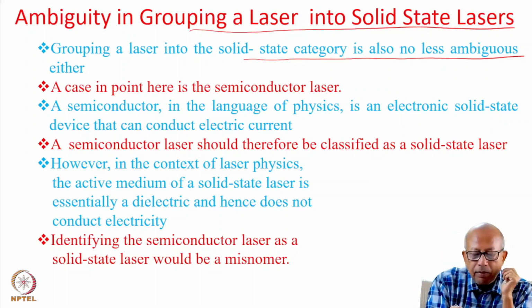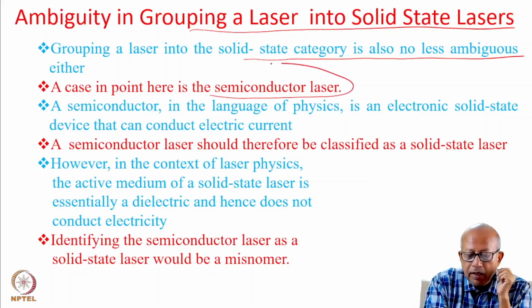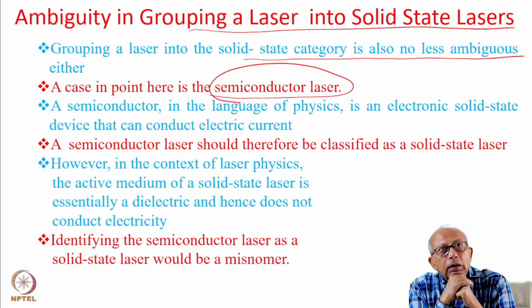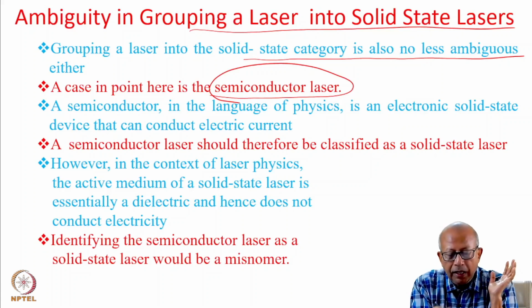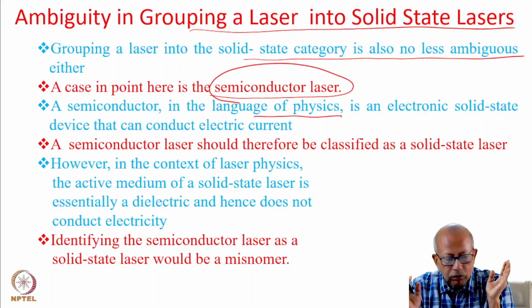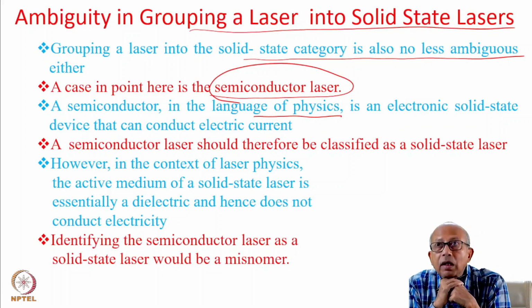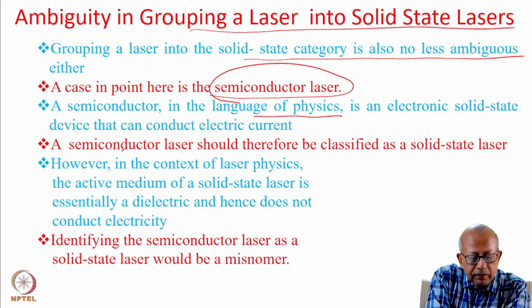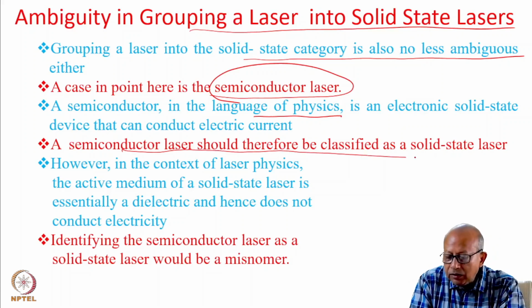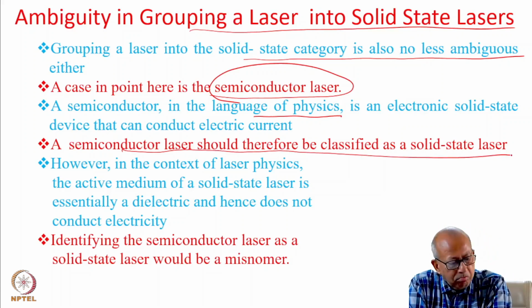A glaring example is the case of semiconductor. A semiconductor, in the language of physics, is an electronic solid state device that can conduct electric current. A semiconductor laser should therefore be classified as a solid state laser.